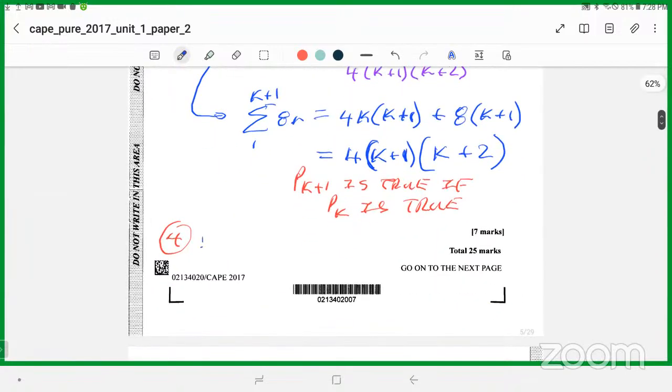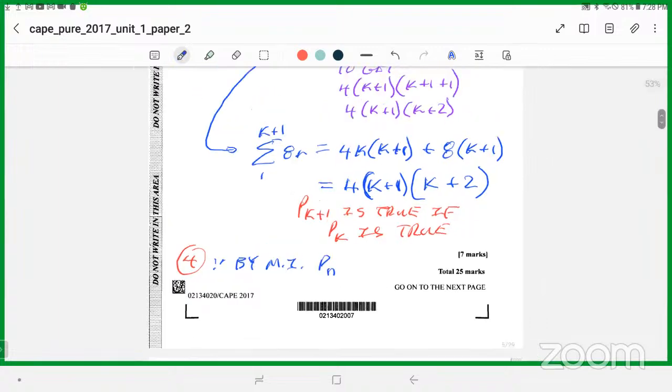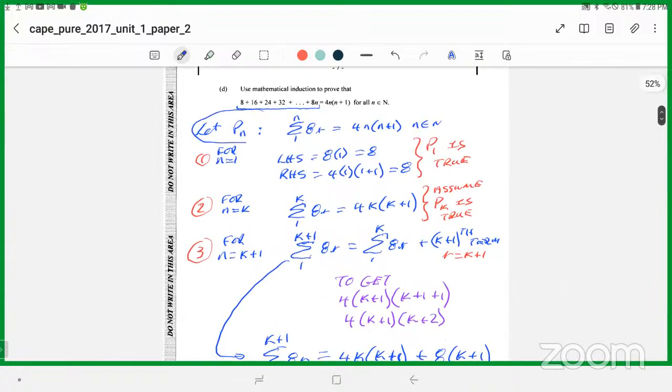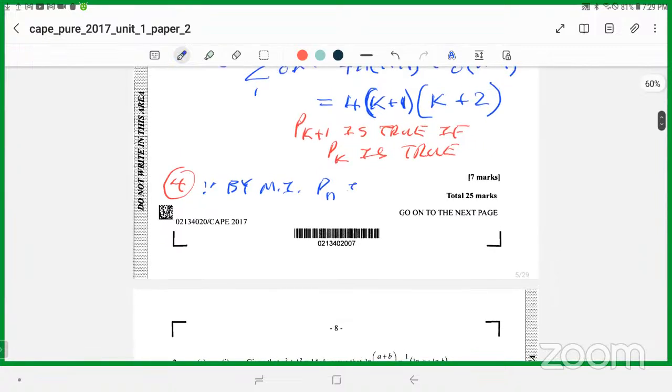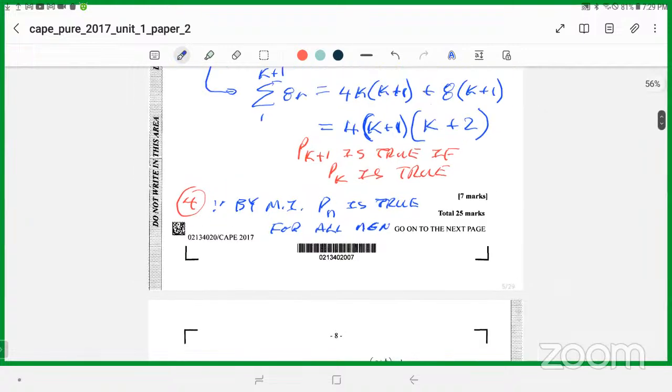And I said, therefore, by the process of mathematical induction, you write it out: the original statement Pn, the original statement up here that we call Pn, is true for all n which are natural numbers. And that is it.